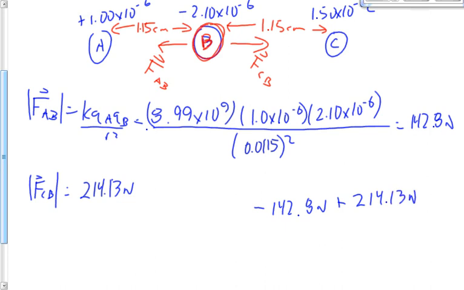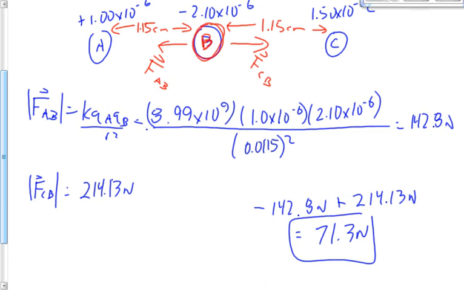And when we add those together, we're going to get about 71.4-ish. 71 point something. It's not 0.8. 71.3 newtons. And it's positive, which means it's to the right.